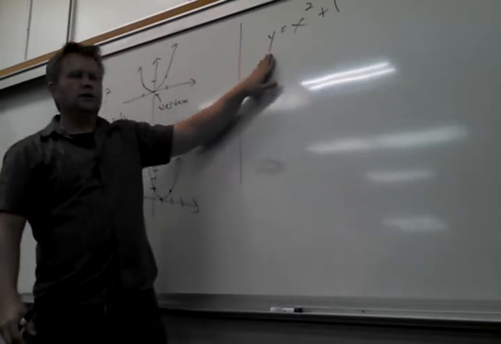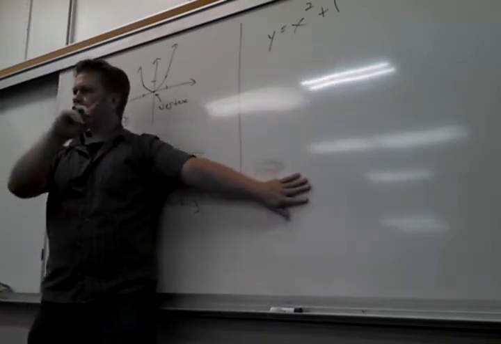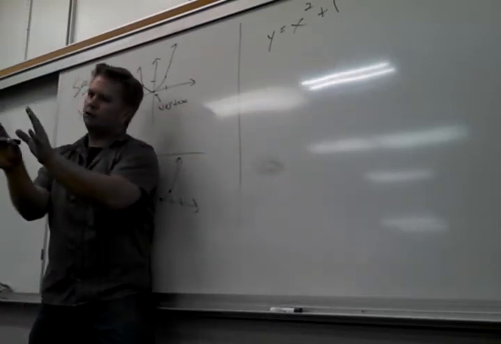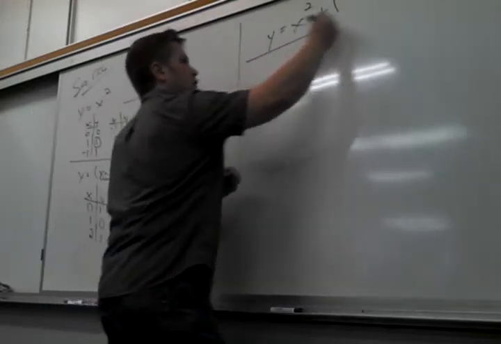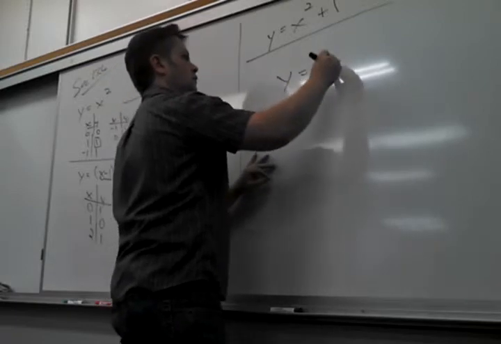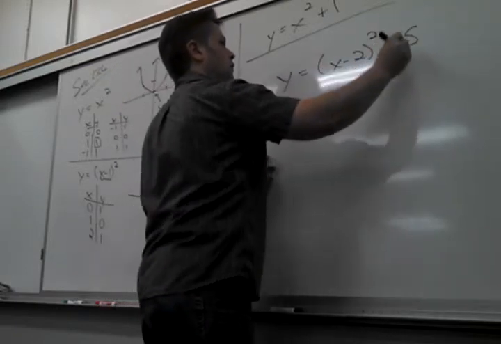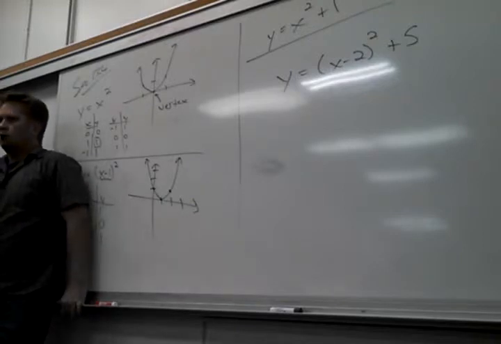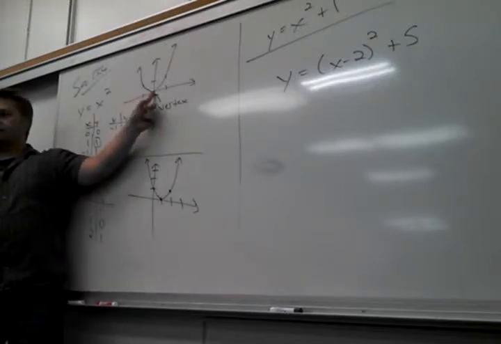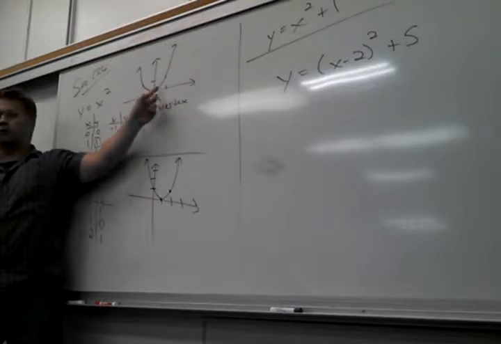So I don't know how much you guys are getting here. How important is it that you truly understand shifting by itself? Not extremely. I'm just trying to give you a little background as to why, when I see this equation, I can tell you exactly what the vertex is without doing any work. So normally the vertex is at 0, 0, right? So where has it gone now?